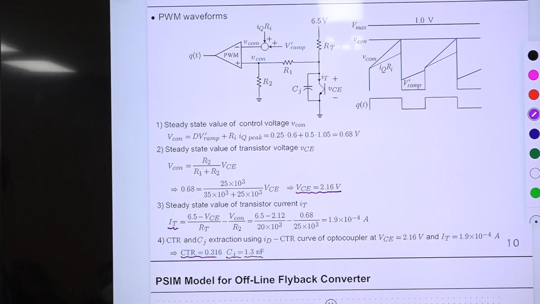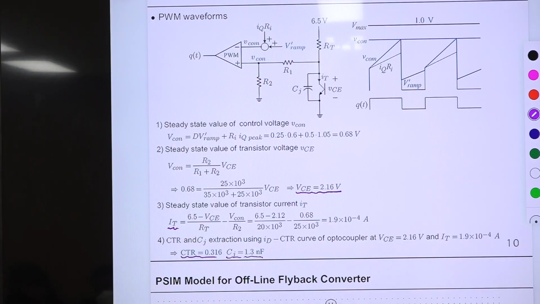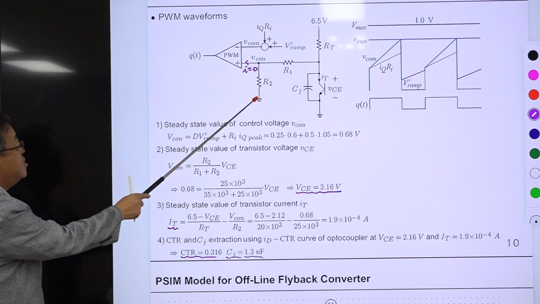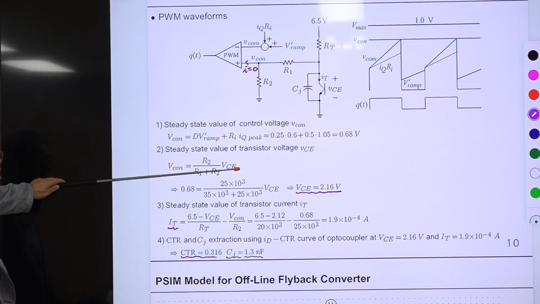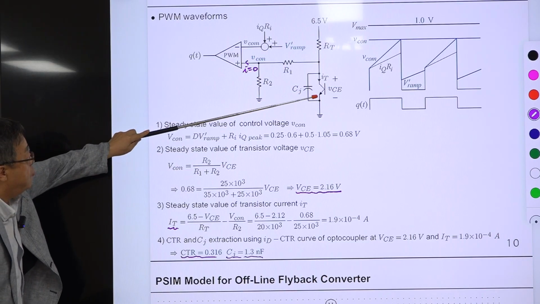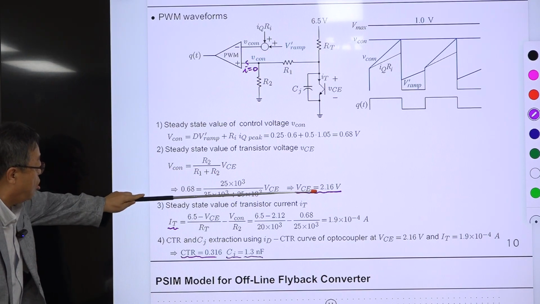So V con is, this current is 0. This is an ideal op amp, so I is 0. There's no current going into it. So if you know this voltage, then you know this voltage. From this, assume this VC, then voltage division is this one. Then you determine this.